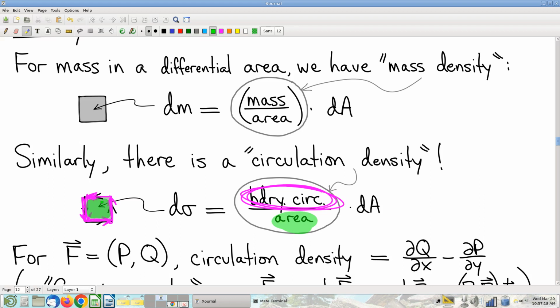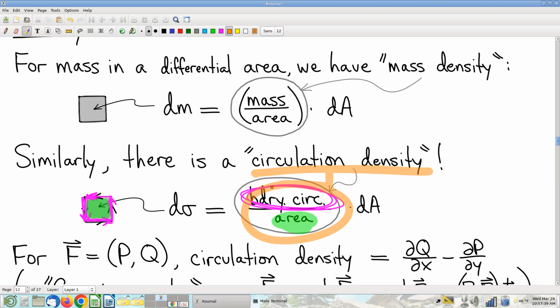And that circulation per unit area, again, it's accumulating quantity for an area divided by the area. That's a density. So this is what we mean going forward when we say circulation density. I mean circulation per unit area on whatever region you happen to be addressing.